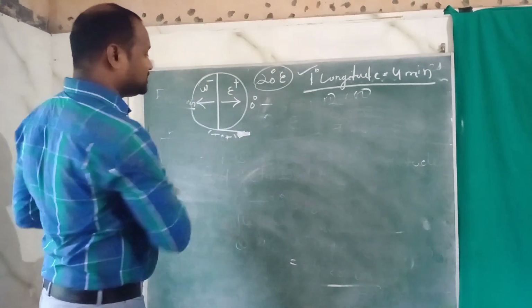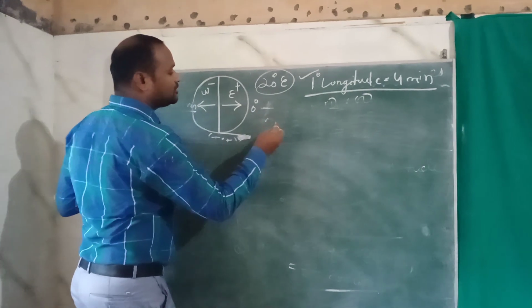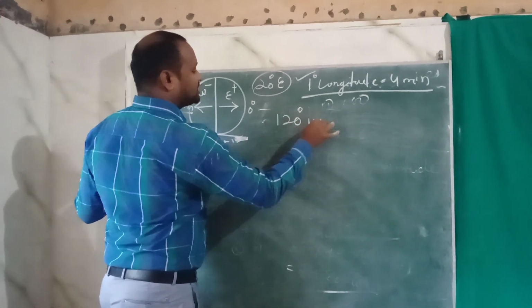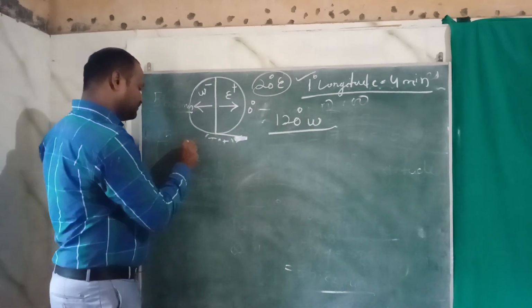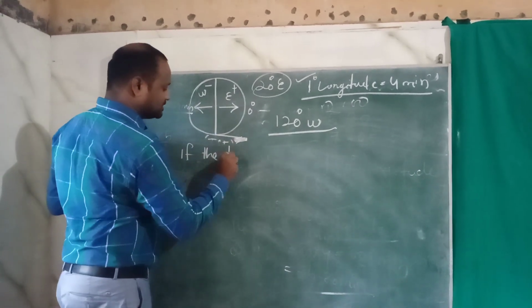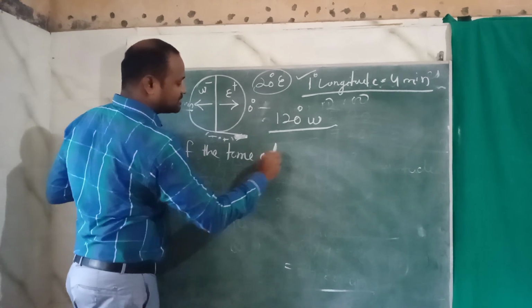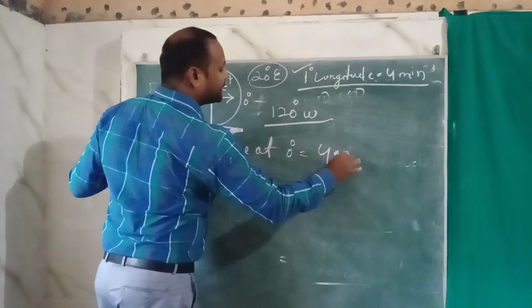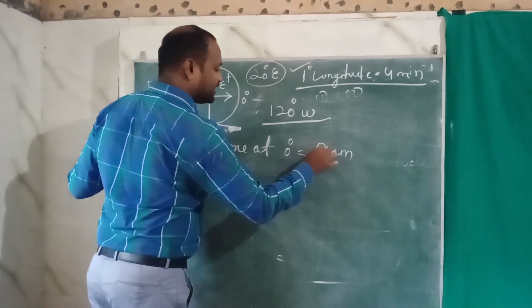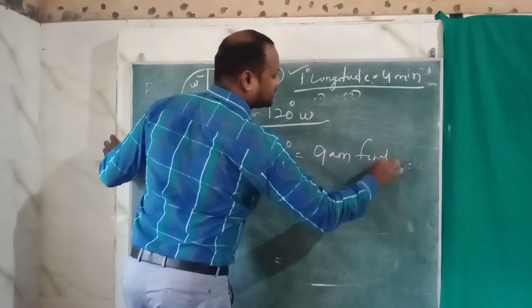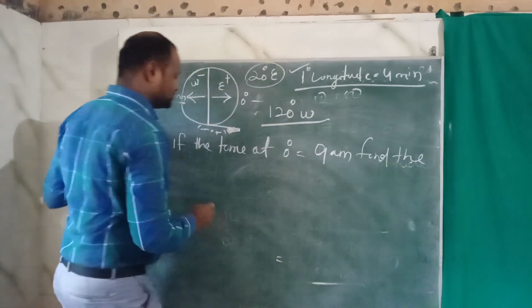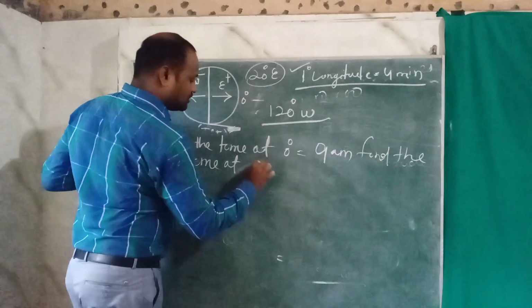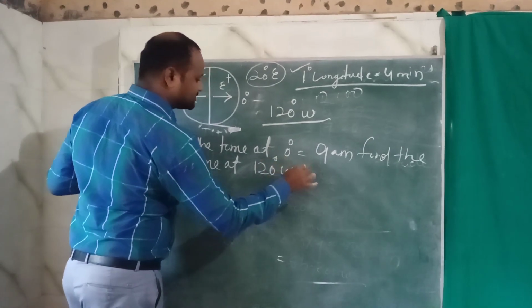So student, let's discuss 120 degree west. If the time at 0 degree is 9 am, find the time at 120 degree west.